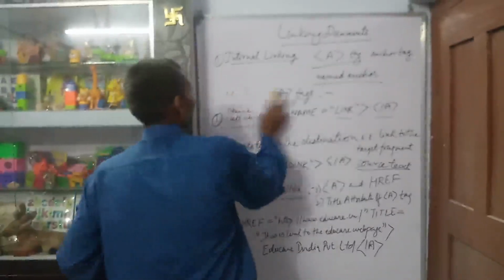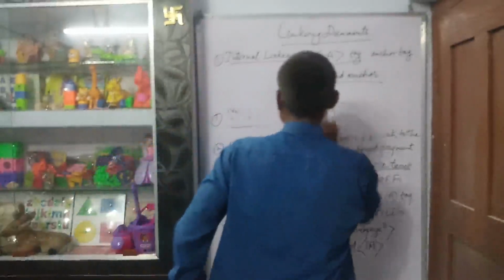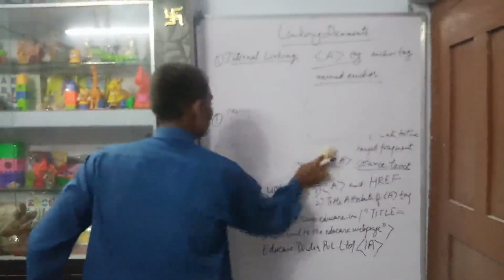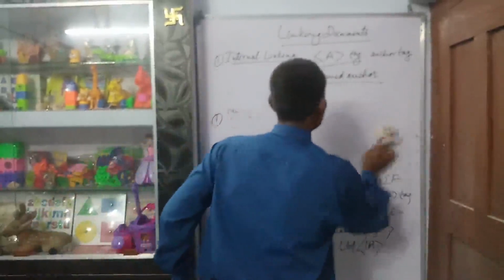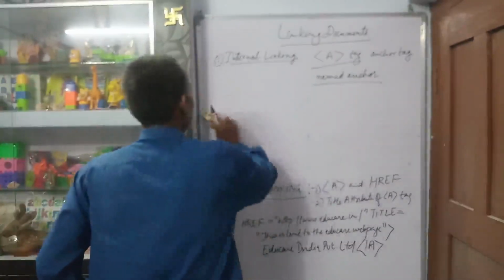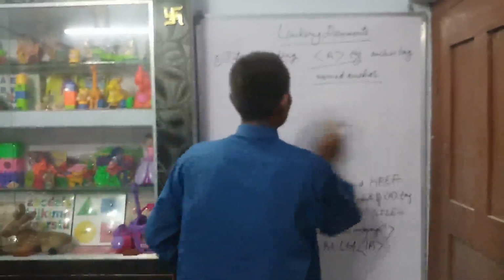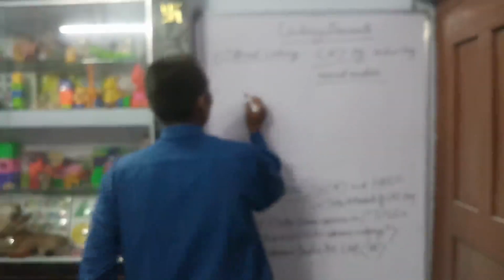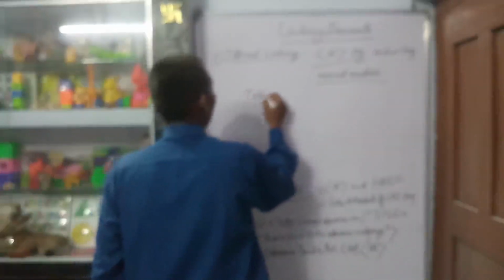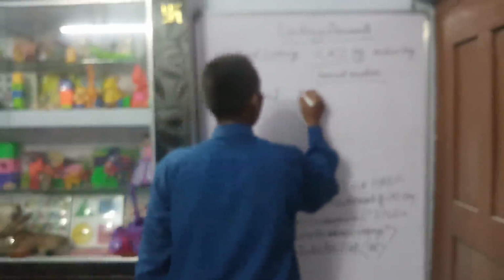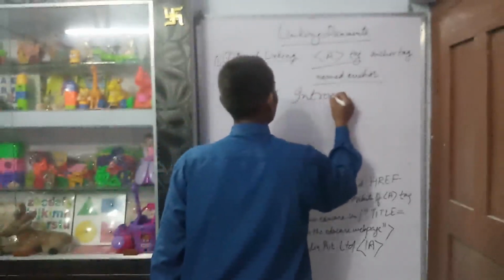For example, as you see in your book, there is a topic, topic 1, which is introduction.